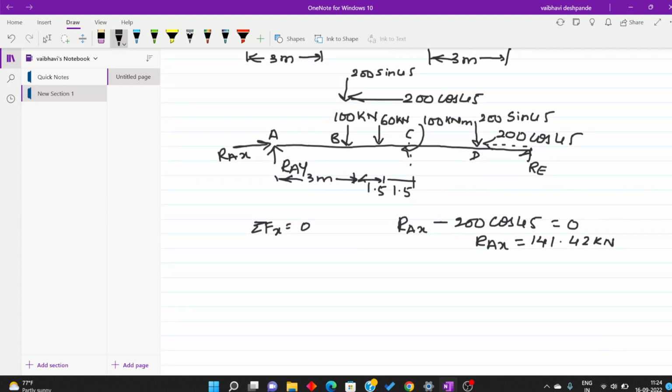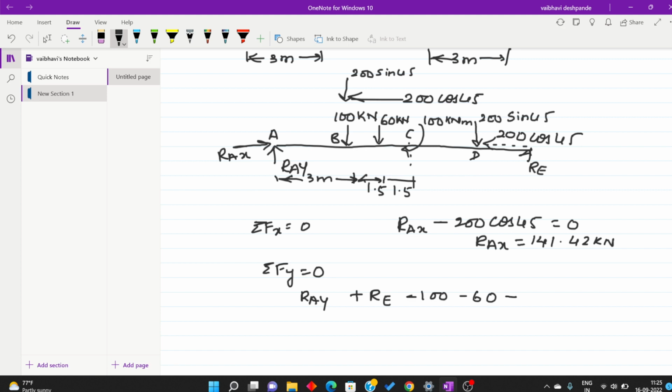Then next, sigma Fy, taking summation of vertical forces. Upward forces are positive, downward are negative. So RAY plus RE, then downward forces minus 100 kilonewton minus 60.